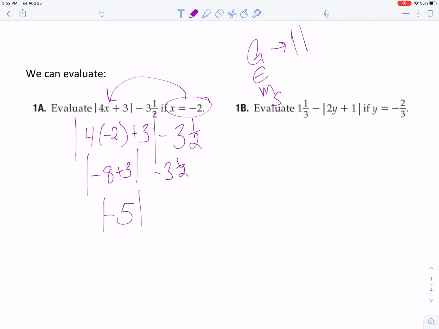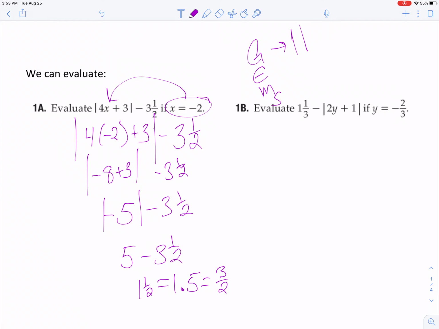And if I drop the bars, that's when I finally get to drop the negative. So now it's just a +5. And +5 minus 3.5 is 1.5, also known as 3/2.